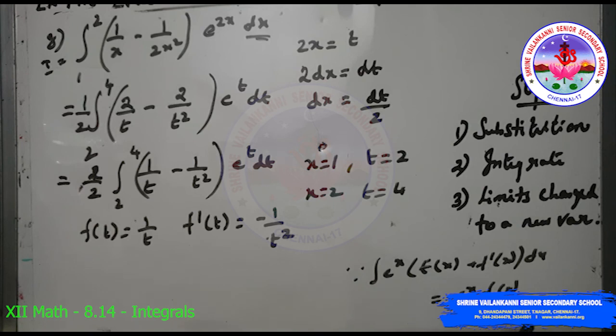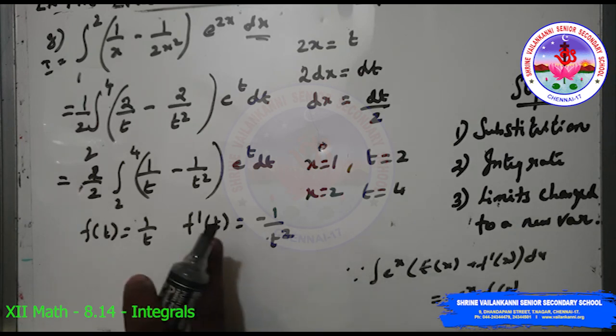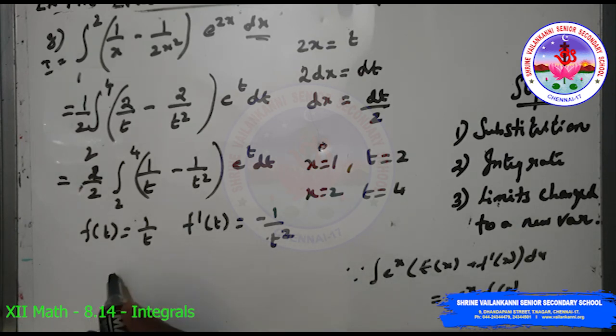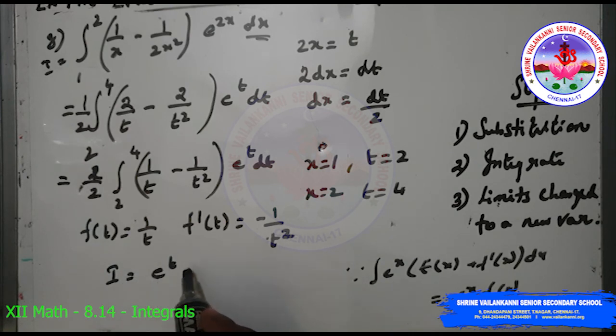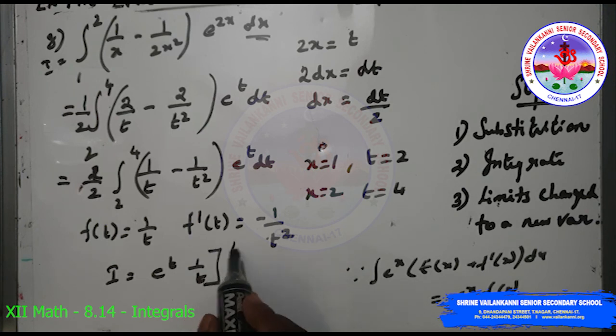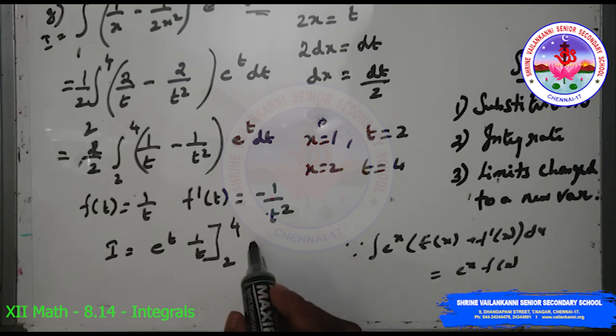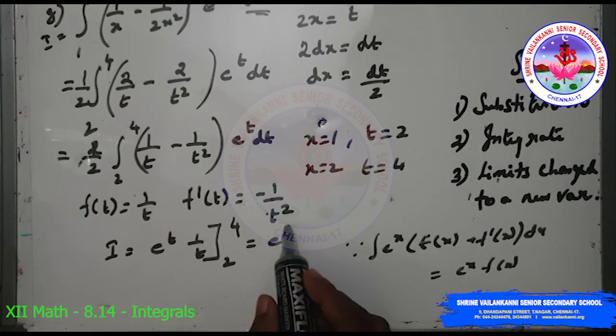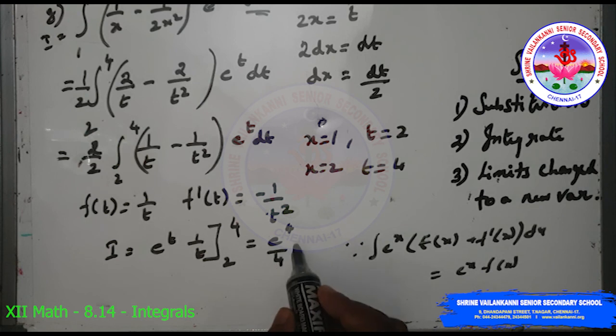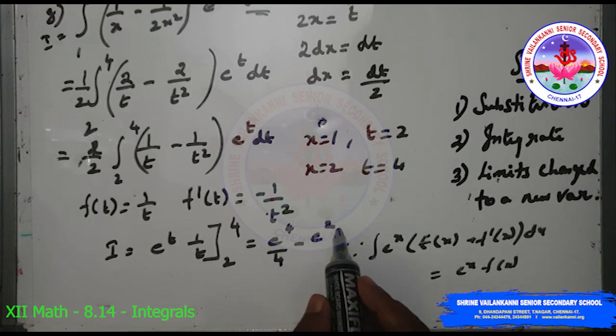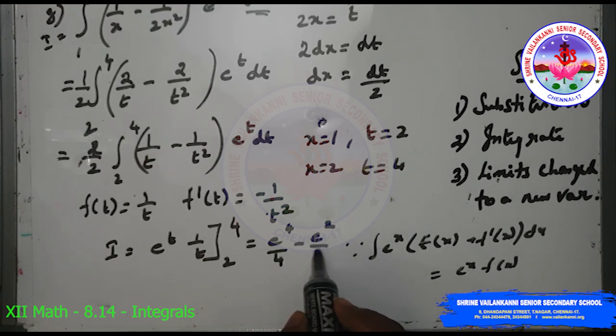Using this type of integral, we write I equal to e power t into 1 by t, and the limit is 2 to 4. So upper limit minus lower limit: e power 4 by 4 minus e power 2 by 2.